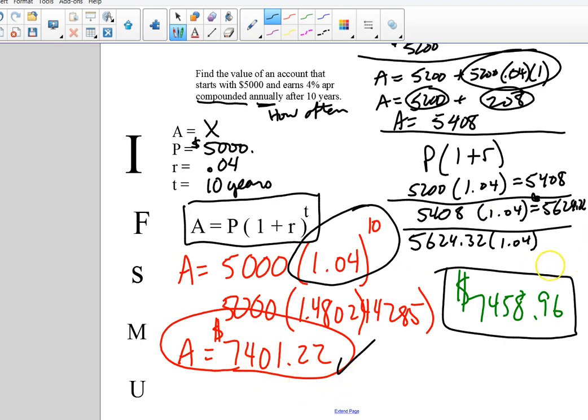And this green number I'm going to talk about in class. This green number over here would be if you compounded it daily.